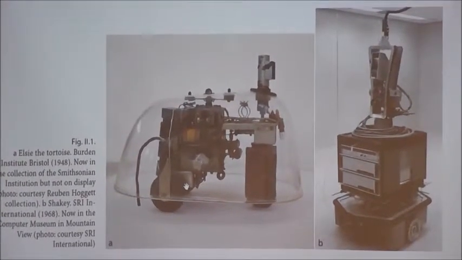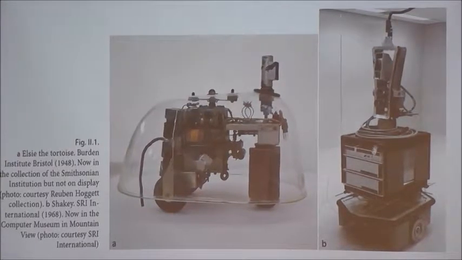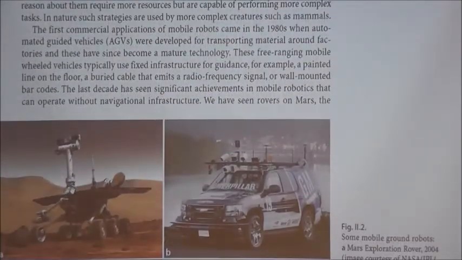And this is Shakey, another robot, which was built in 1968 and is now in the Computer History Museum in Mountain View, California. SRI stands for Stanford Research Institute. It's a very big research think tank.